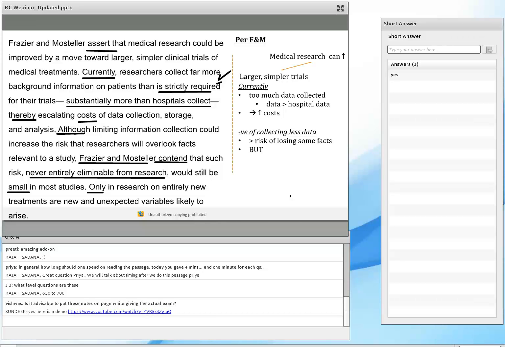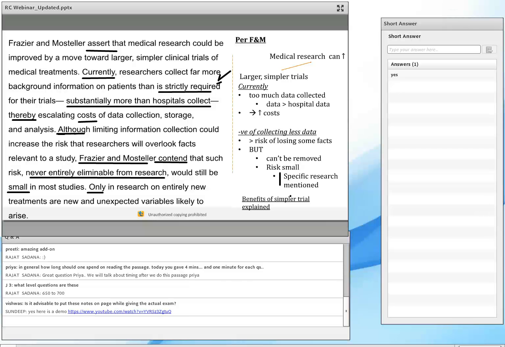Only in research on entirely new variables or new treatments are entirely new and unexpected variables likely to arise. Okay, the risk can't be removed. The risk is small, with the exception of specific research where the risk could be larger.